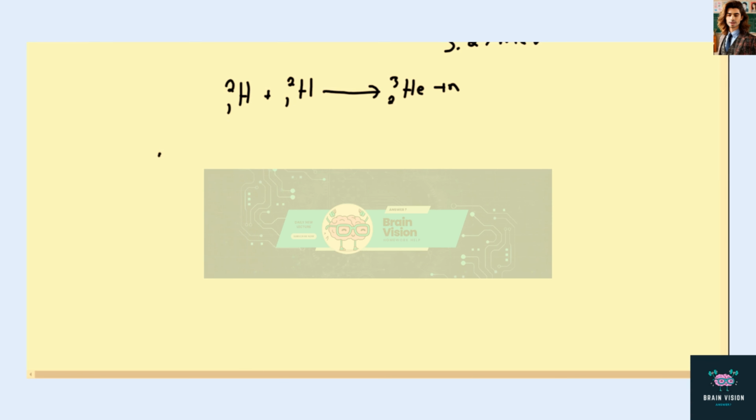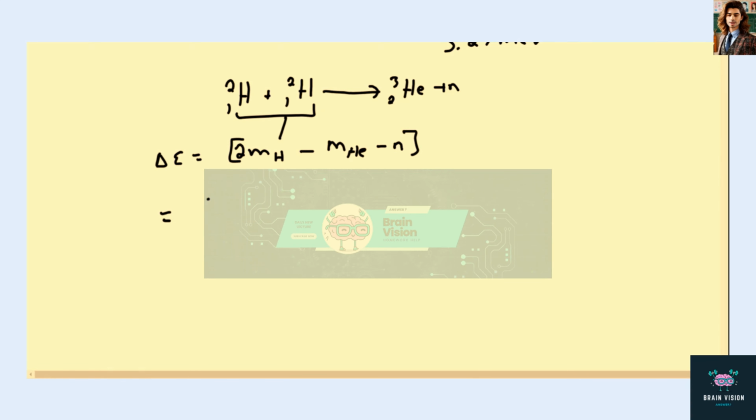Here we have M of H, and we're just going to times it by 2 because there's 2 here, minus M of He, this is atomic mass, minus the neutron.